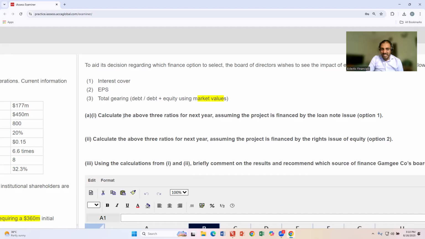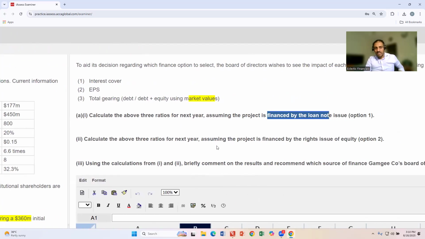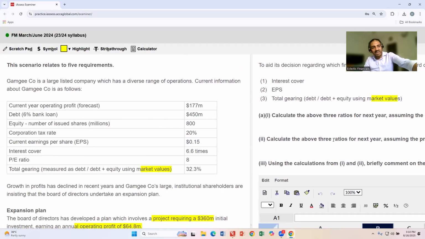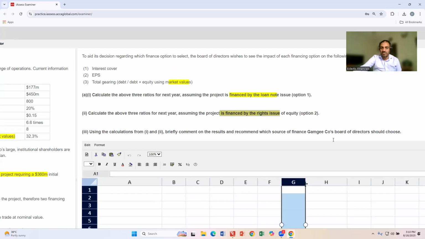Calculate the three ratios assuming the project is financed by loan notes. Calculate the above ratios for next year, with the project financed by a rights issue. Very common questions, regularly examined on these points. You can find two or three more questions like this in the past papers in the revision kit.